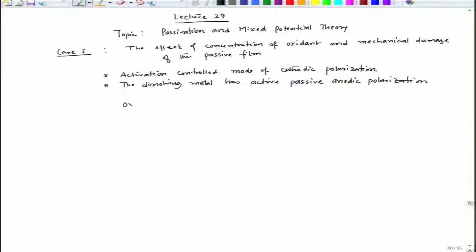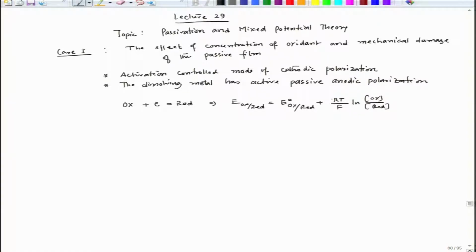Let us say the oxidant is OX plus e equal to reductant, and then corresponding E ox by red equal to E naught ox by red plus RT by F, since here we are considering one electron, ln concentration of ox and concentration of red.